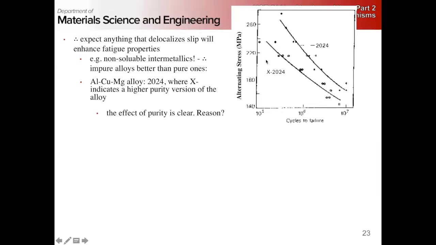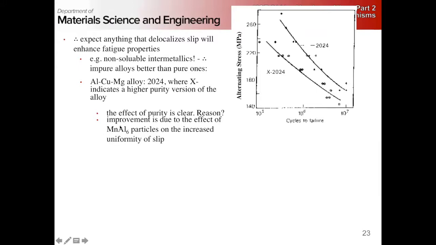Right? So why on earth is this? We usually think of when we have better controls on our chemistry, we have higher properties. But in this case, it's the effect of manganese impurities.